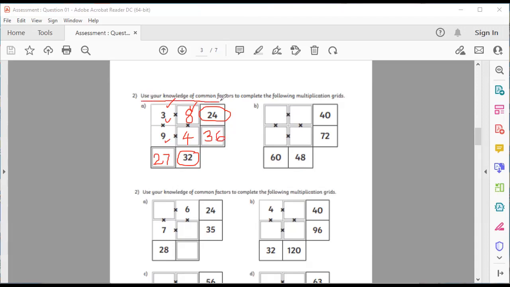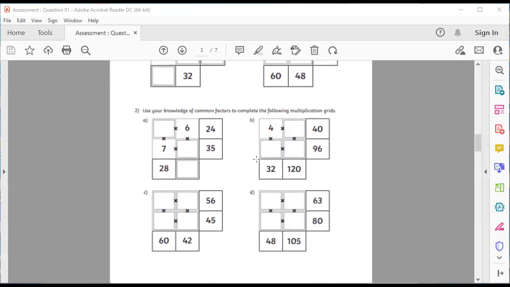We are using our knowledge of common factors to complete the following multiplication grids. Pretty easy an exercise, not too difficult, but can be a little challenging. Okay, let's try a little one of those end questions and see. Let's do question D.